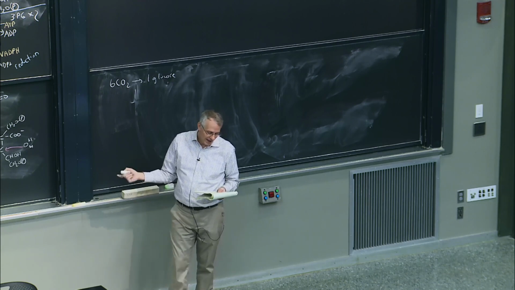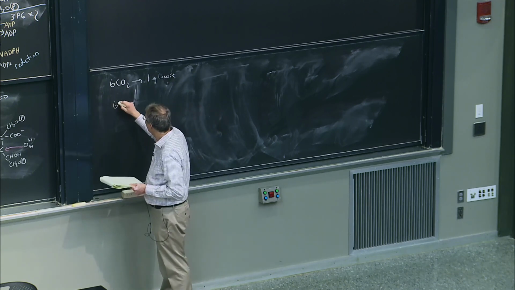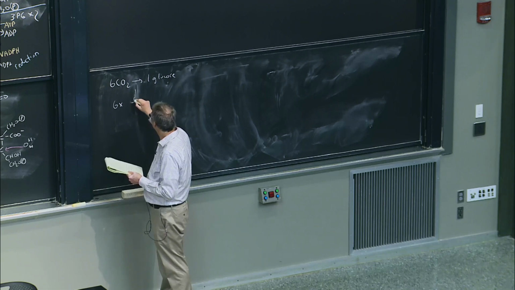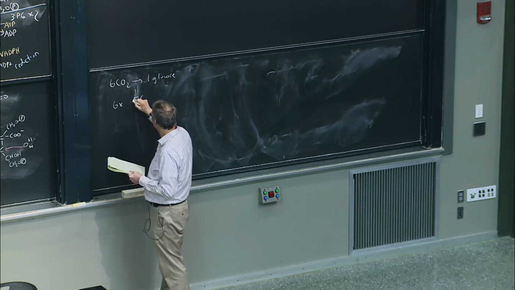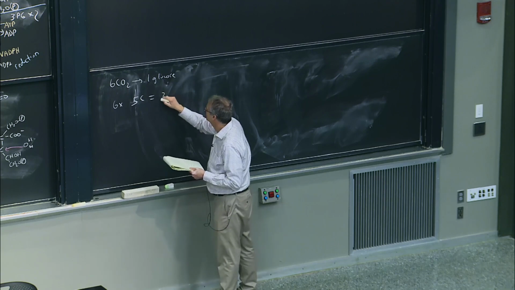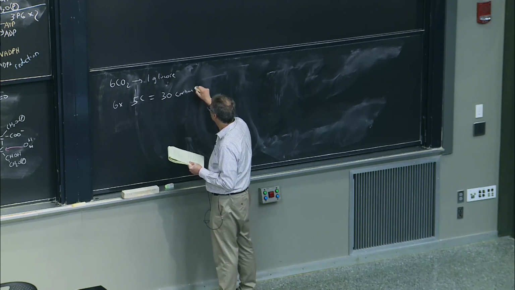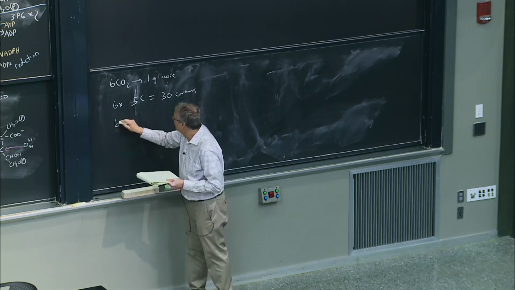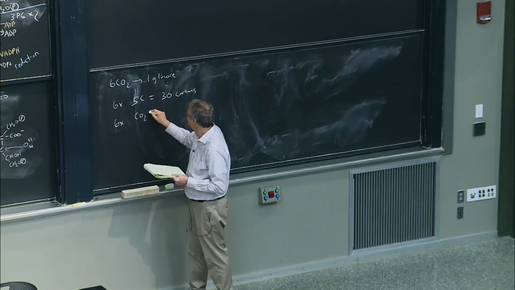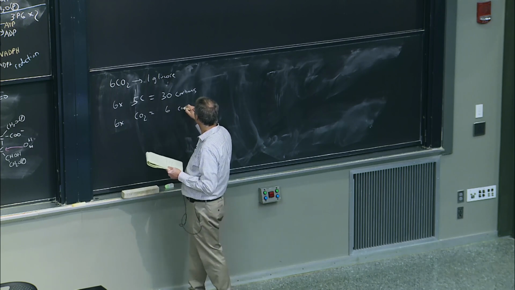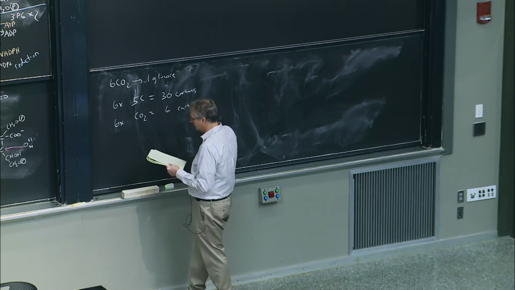And so, in essence, what we need is to take 6 5-carbon units, okay? So that's a total of 30 carbons, all right? And we're going to have 6 CO2 molecules. There's another 6 carbons, all right?